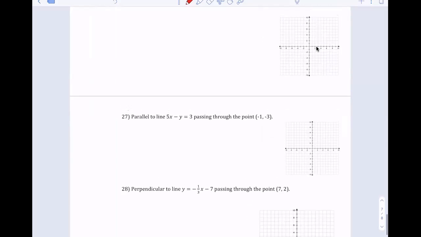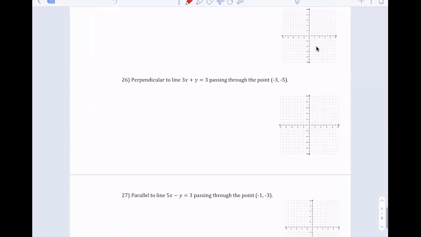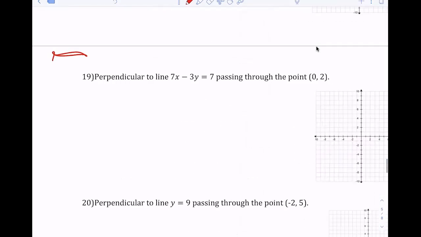That's your job. You just have to answer the questions. Perpendicular, parallel, 19 through 28. All problems, no graphing. Practice y equals mx plus b. Pull out the slope, write the equation.